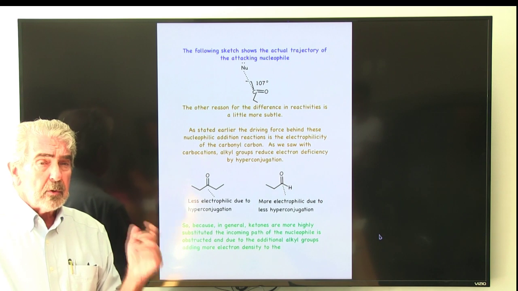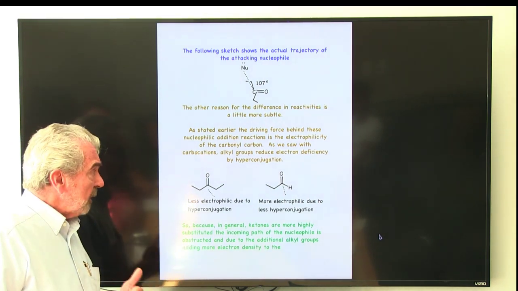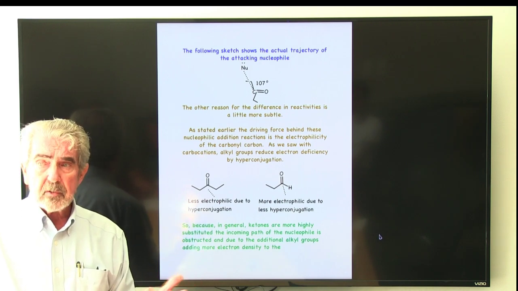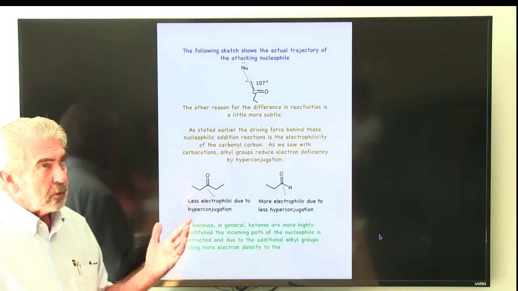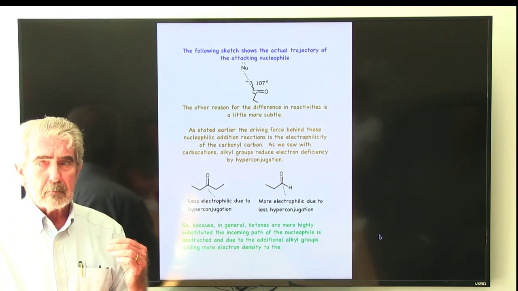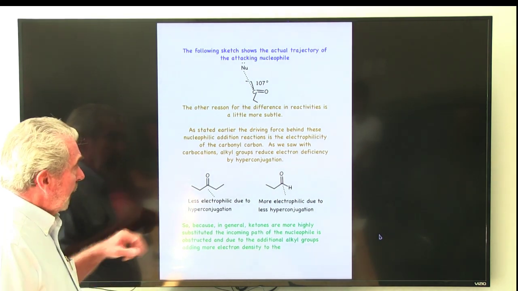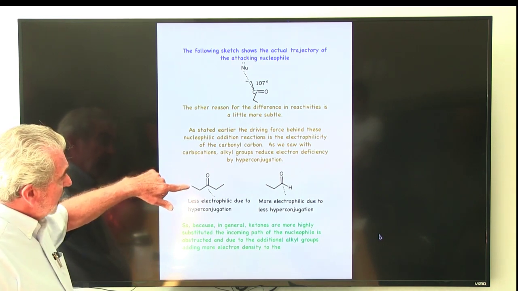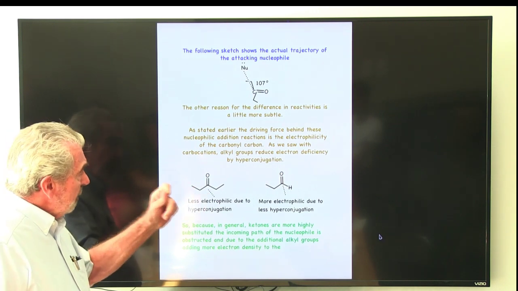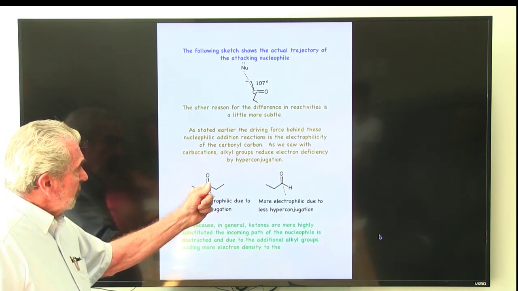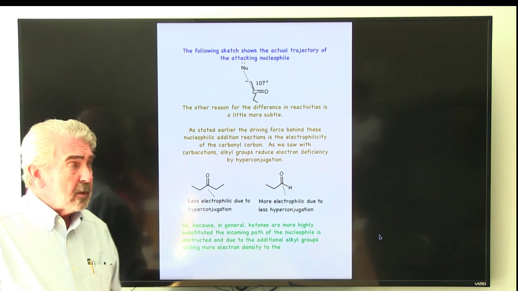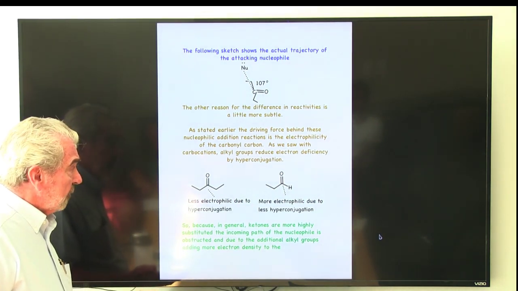And as you recall from our discussions about carbocations, these alkyl groups will donate electron density through hyperconjugation. Obviously, if you've got a ketone, you've got two alkyl groups pumping electrons into this site. And if you pump electrons into the site, it becomes less electrophilic, which means it's going to be less reactive.